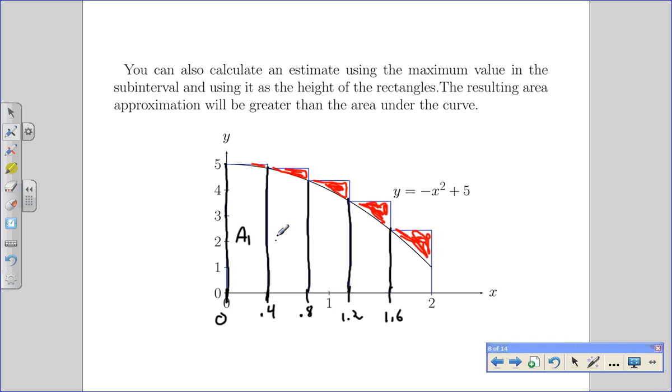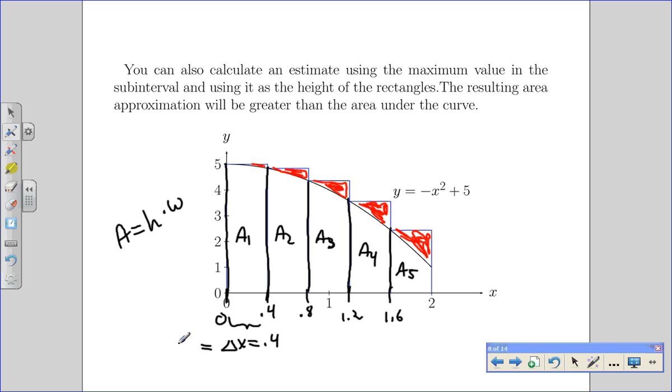But it's going to be basically the same thing. Area 1 plus area 2 plus area 3 plus area 4 plus area 5. And each one of those areas is height times width. The width is still 0.4 or delta x.